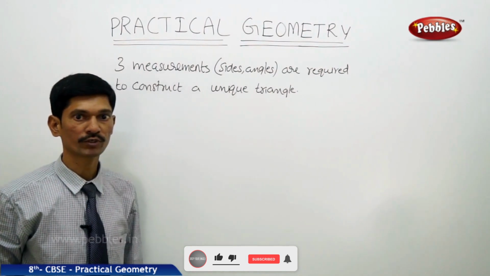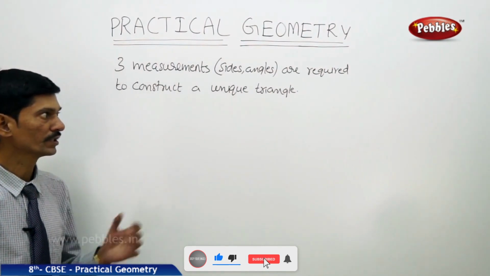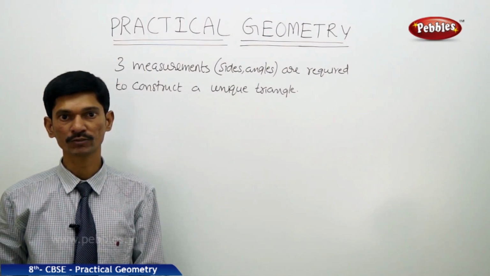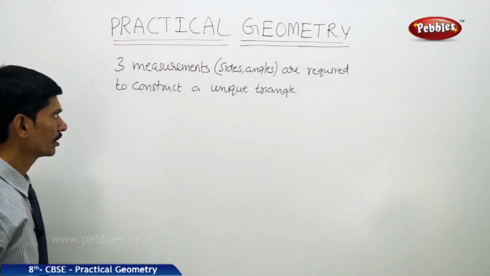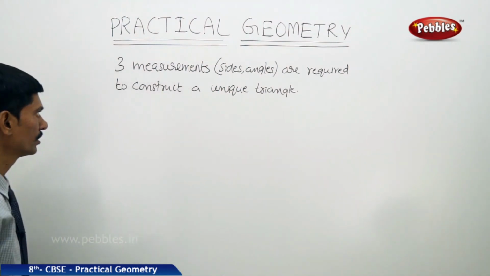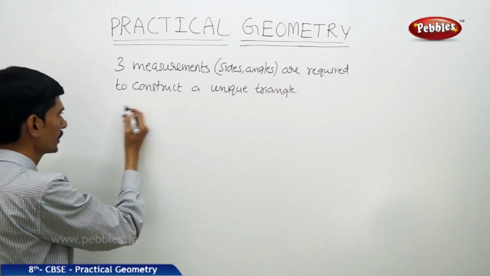Now naturally a question arises: how many minimum measurements are required to construct a quadrilateral? Let us check how many measurements are required to construct a unique quadrilateral. For this we will do an activity.